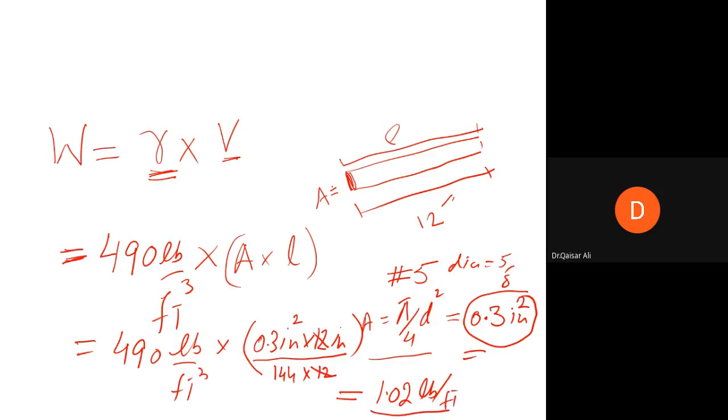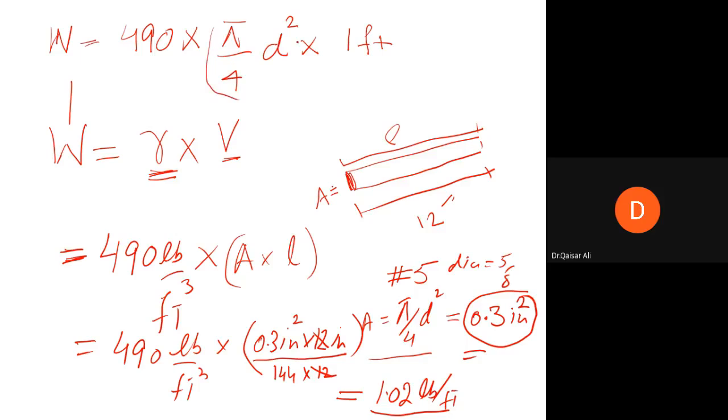Okay. There is another equation which has been derived from this equation, and you can derive this like this. Okay, general equation for this. Now look at this general equation. W is equal to, pay attention to this, 490 into area, which is pi by 4 d square, into 1 foot.